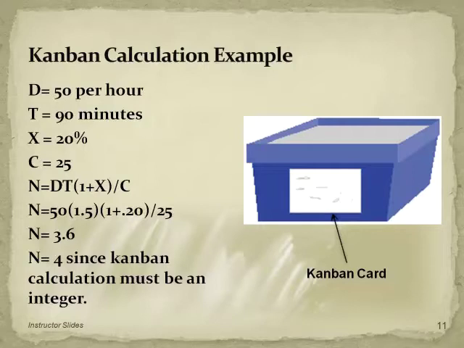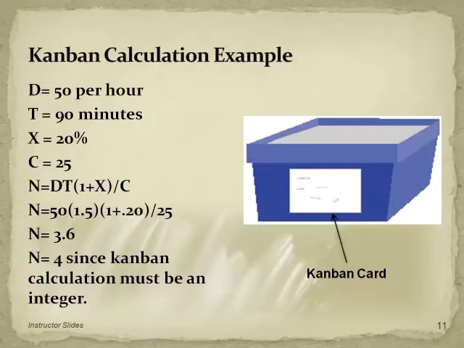So D is 50 per hour. In this case, the replenishment time and the demand need to be in the same unit of measure. So 50 per hour, we have to convert the replenishment time to hours. 90 minutes is 1.5 hours, so we've got that into the same unit of time measure.